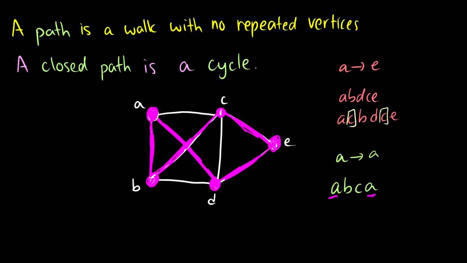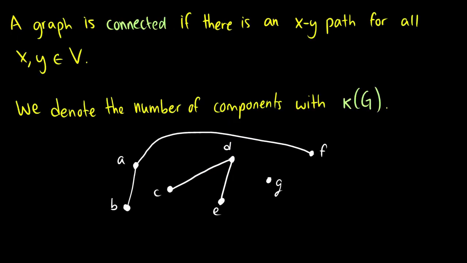Okay, so a lot of terminology, I know, but there's still one more piece we need to talk about. And this is the most intuitive and simple, so I left it for last. And this is connected graphs. A graph is connected if there is an xy path for all x, y in the set of vertices.